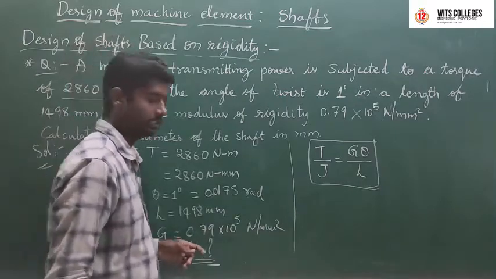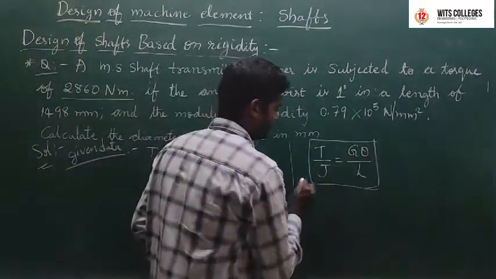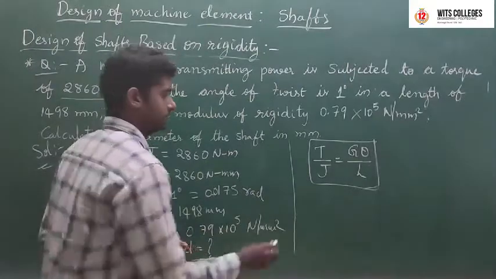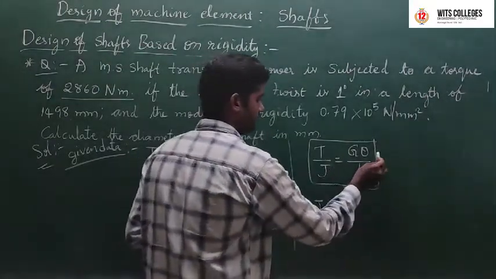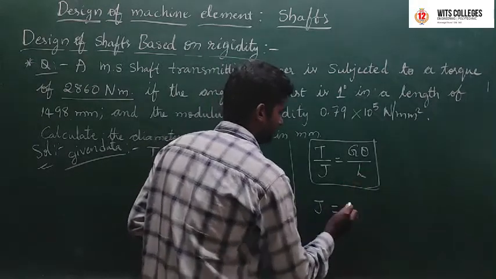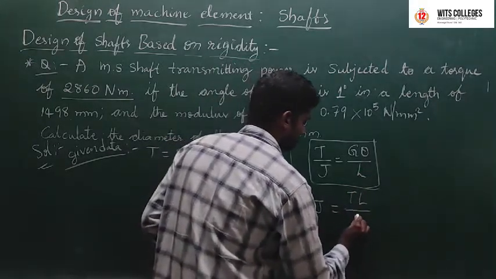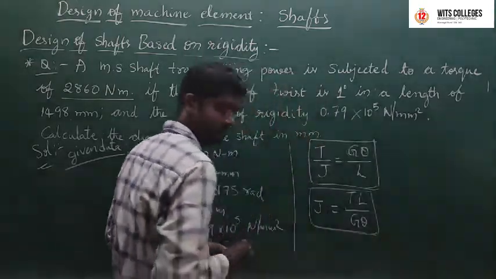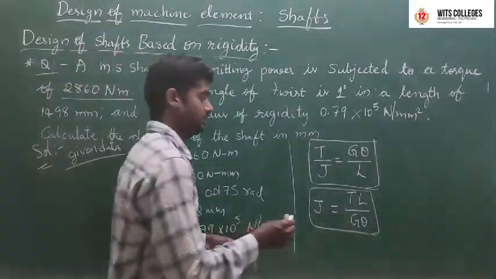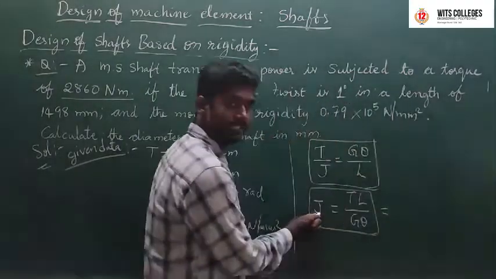J is on one side, so J equals T L by G theta. We don't know J, so first find J.